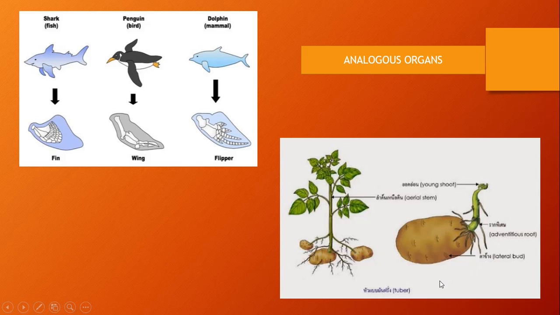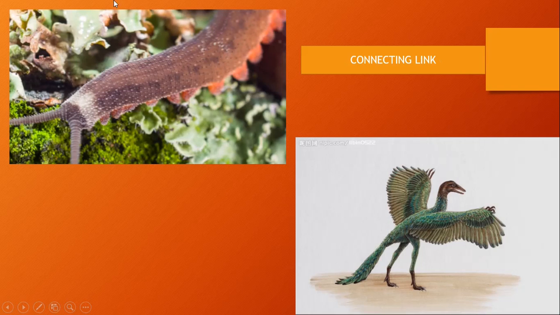Next, this is Peripatus, and this is the Archaeopteryx bird. Peripatus is the connecting link between Annelida and Arthropoda. Annelids have a worm-like structure, and they have antennae, which are a characteristic feature of arthropods. This is one example of a connecting link.